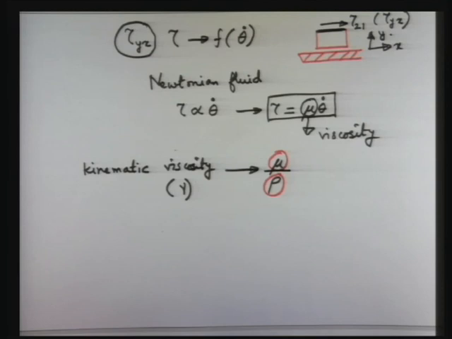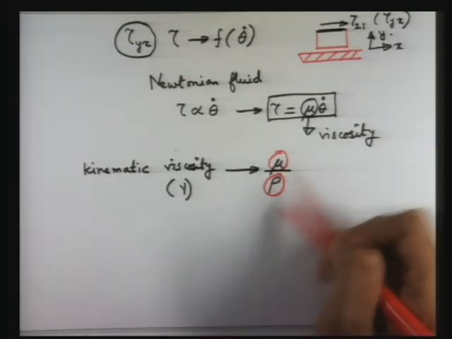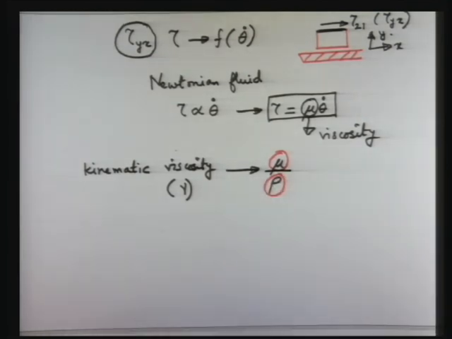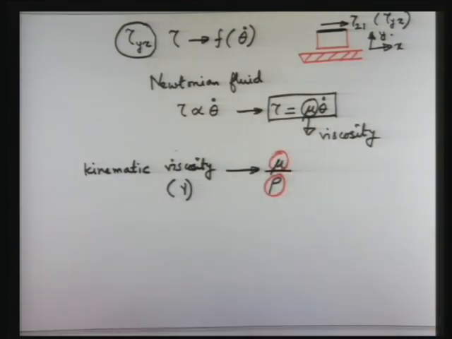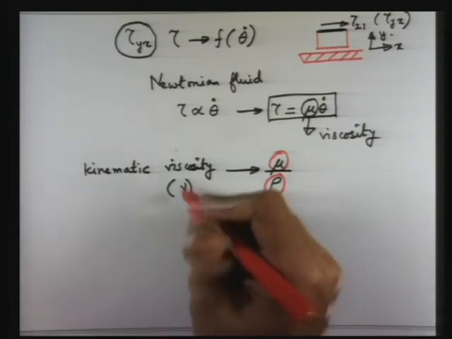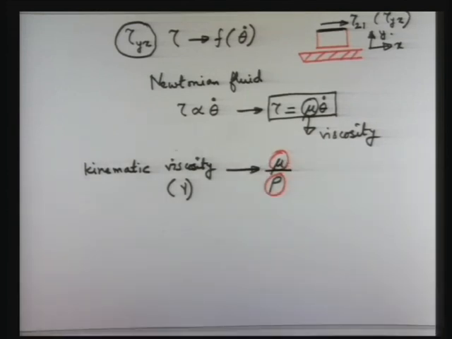So rho tells the fluid, let me retain my momentum, and mu is related to the disturbance of momentum. So it is the relative ability to accept the disturbance of momentum with respect to its tendency to sustain its momentum, and that is conceptually more important than the quantity viscosity itself.